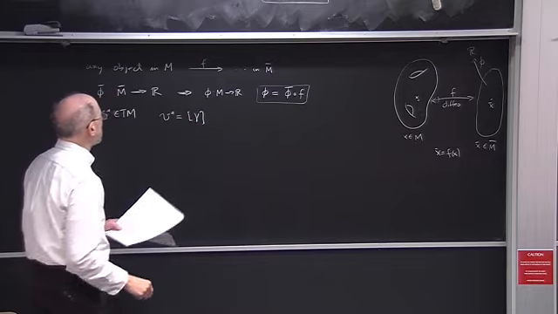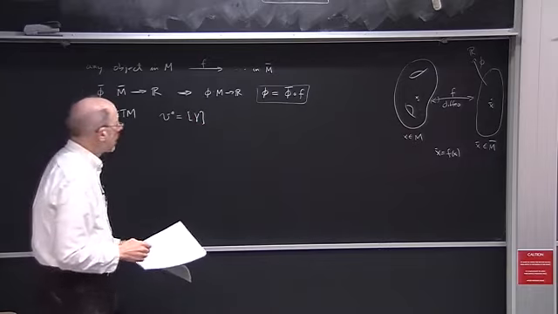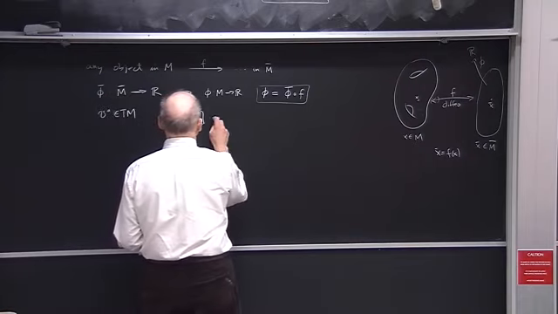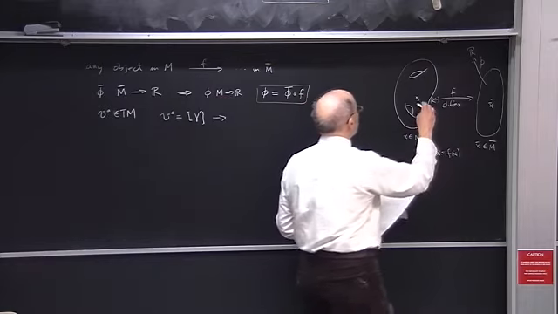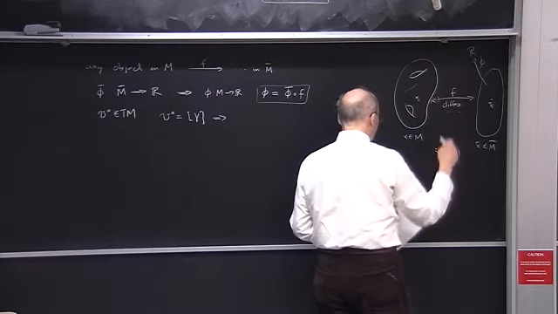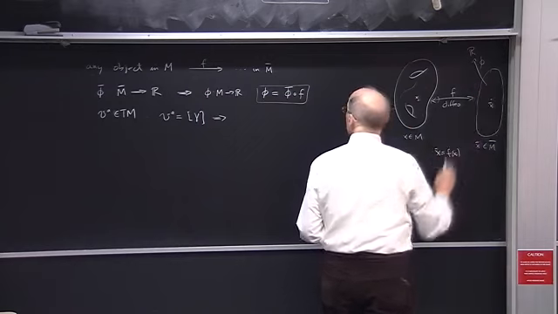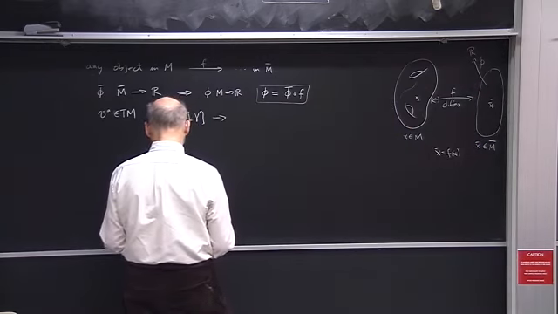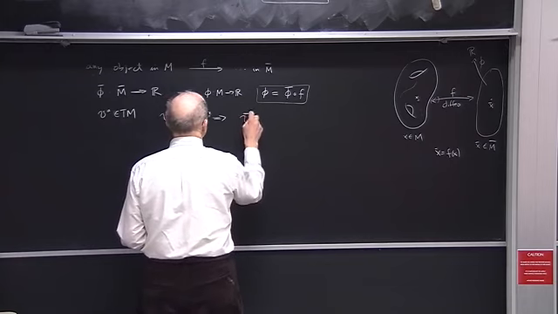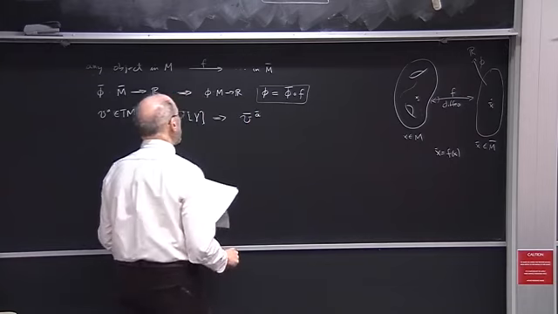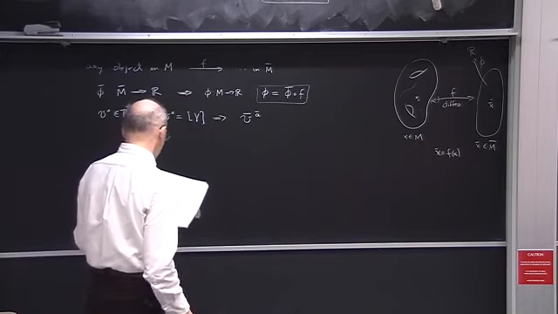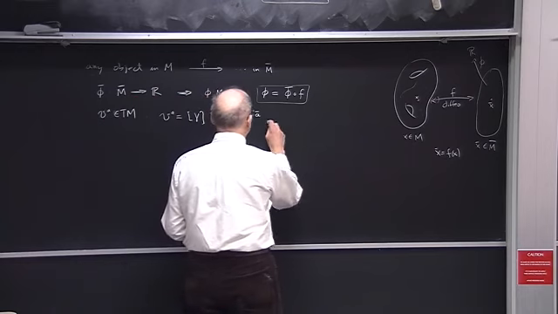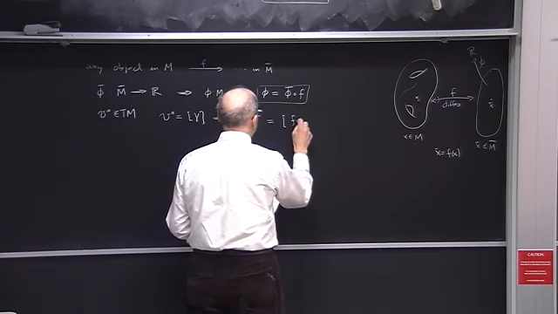Remember how we defined vectors, as equivalence classes of curves. Then how do I get a vector over here? Well, that's obvious. If I'm given a curve here, I just transfer it over to get a curve here. So that means I have, let's call it V bar, just another bar to show that it belongs to another manifold. Then that will be, of course, the equivalence class of F circle gamma.